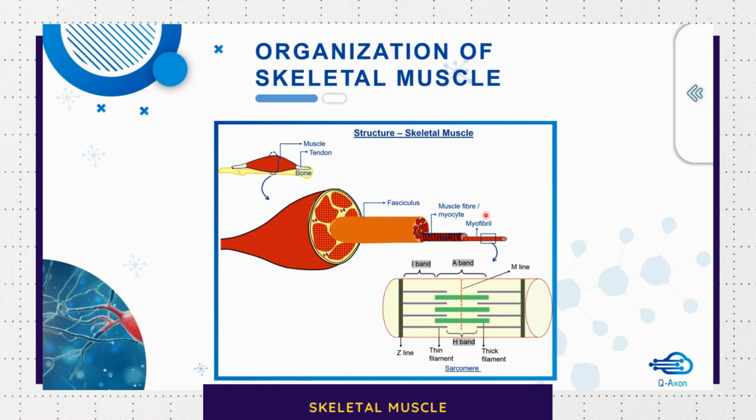Now the fasciculus is made up of many muscle fibers or myocytes, and each muscle fiber in turn is made up of many long cylindrical filaments called myofibrils. Now the myofibril is in turn made up of repeating units called sarcomeres. We will look at the structure of the sarcomere in more detail a bit later.